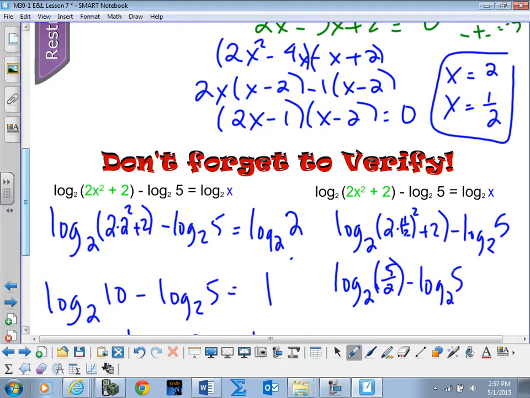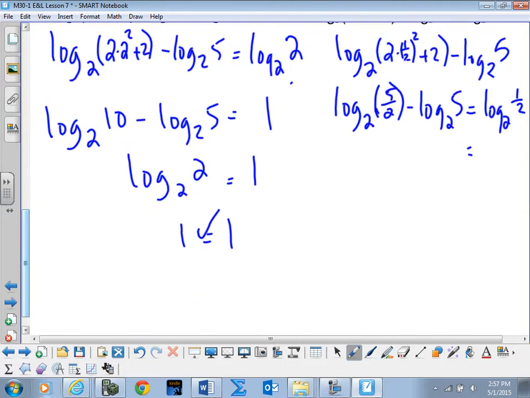So I ran out of space on the other side of this equation, is log base 2 of 1/2. Well, when I was checking the other one, log base 2 of 2 equals 1. Log base 2 of 1/2 is -1. Does this side also equal -1? Log base 2 of 5 over 2.